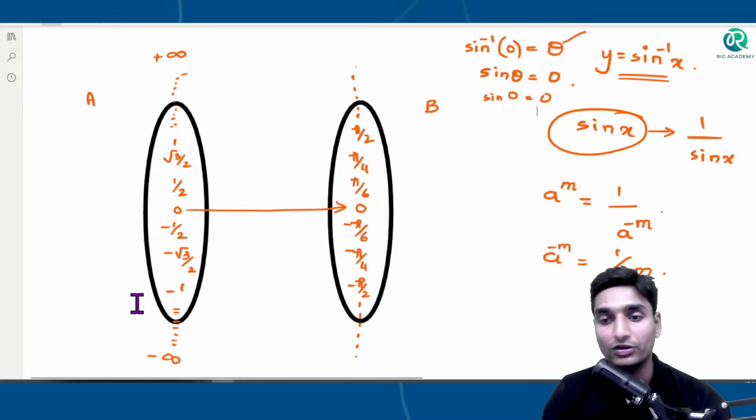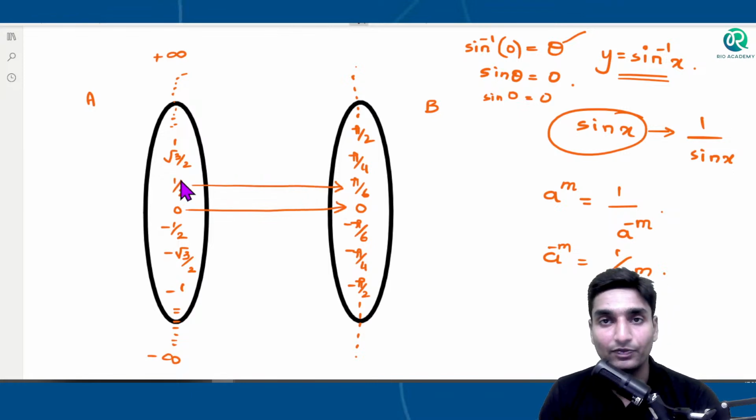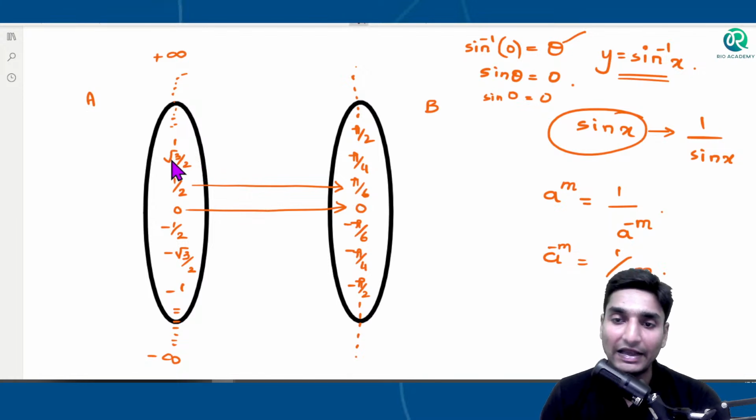So see here. At 0 degrees, the value of sine is 0. And now guys, at what angle the value of sine is 1 upon 2? The value of sine is 1 upon 2 at 30 degrees, which is nothing but pi upon 6. And in the same case, the value of sine is root 3 divided by 2 at 60 degrees.